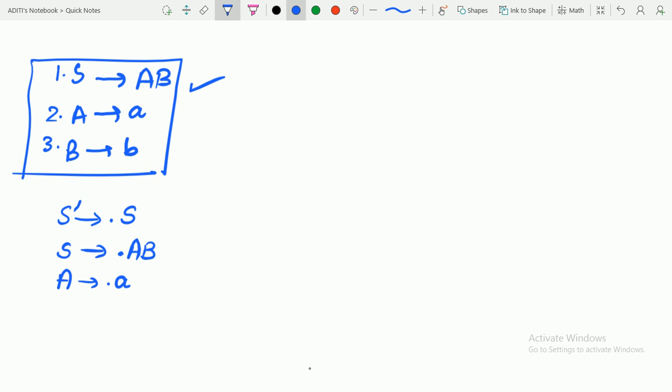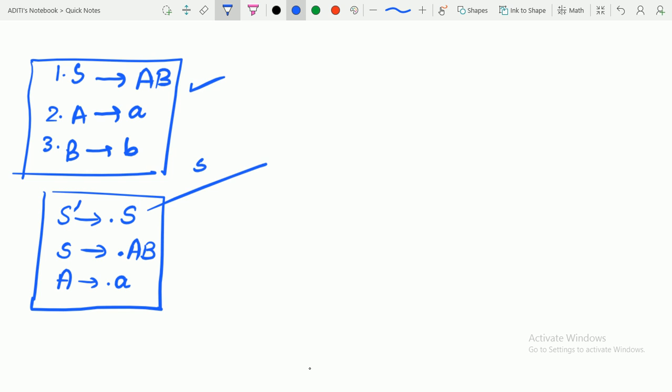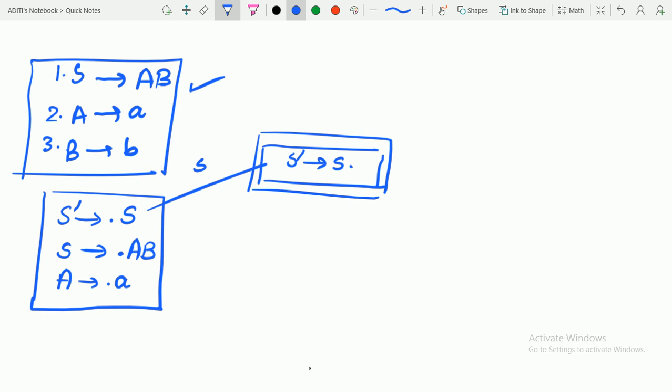Now this is dot followed by a terminal, so this is all for this state. Now for the second state, upon getting S, we get S' produces S dot. This is the accept state, friends. Why did we take the augmented grammar? Because to get an accept state.